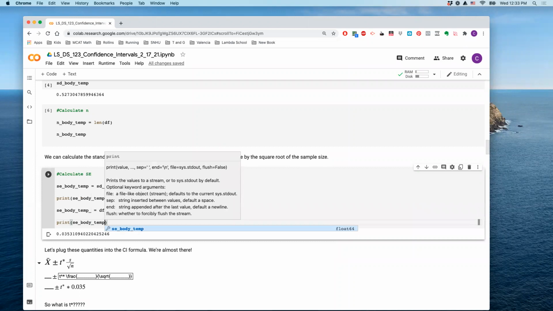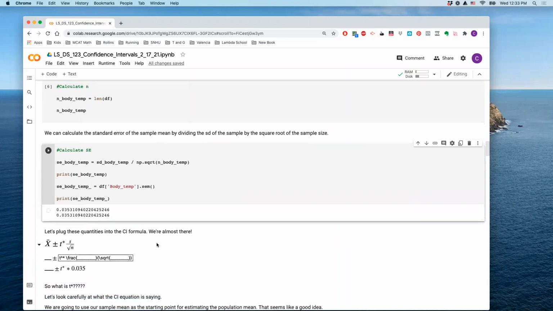Okay, and so we get exactly the same value because the SEM function is doing the exact same division that we're doing. I just wanted to point out that this function also exists.